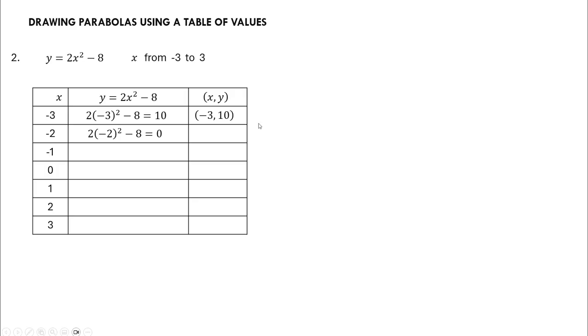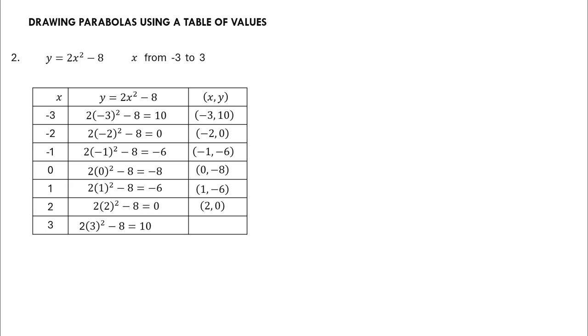Substitute -2 in. Our y value ends up being 0, so we get a coordinate of -2, 0. And we continue on with the rest of our values, each time plugging in the x value and coming up with a corresponding y value.